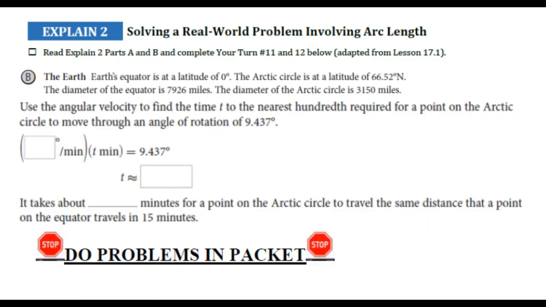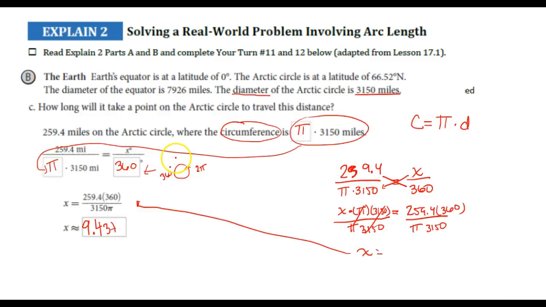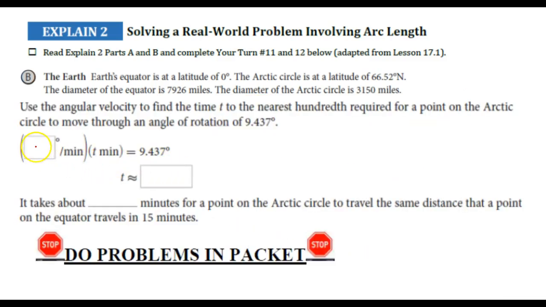Alright. And the last part they're asking us to do is use the angular velocity to find the time, t, to the nearest hundredth, required for a point on the Arctic Circle to move through an angle of rotation of about 9.437, which is what we got on the last problem. Remember, that's about 0.25 degrees per minute.